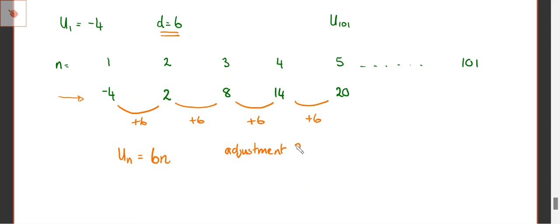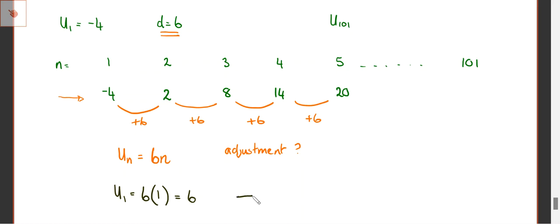How do we figure out the adjustment that needs to happen to that? So we know that U1 equals 6 times 1, and that equals 6.